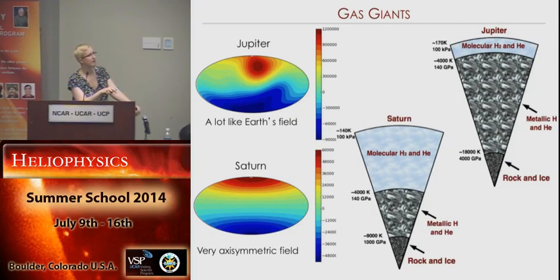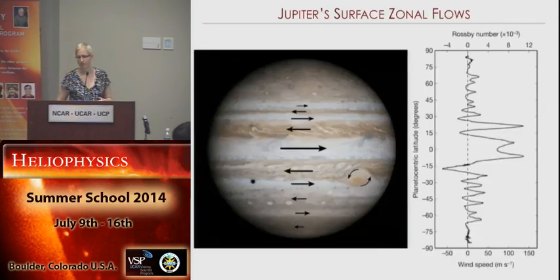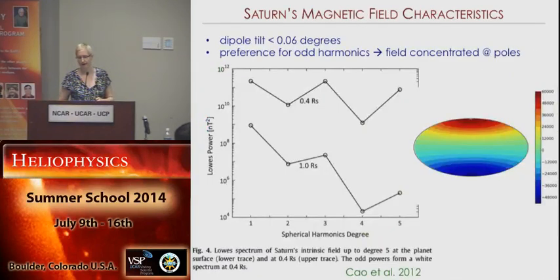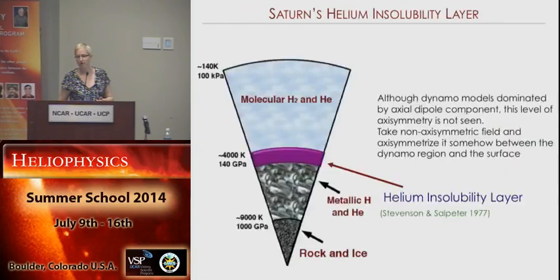Cowling's theorem applies in here. So as long as there are some non-axisymmetric components of the field in here, and they somehow don't make it out here, then we're okay with Cowling's theorem and the observations. So how do we do that? I have to skip Jupiter, Saturn. The way we do it is with an interesting thing that happens in the phase transition from the molecular to metallic hydrogen region.